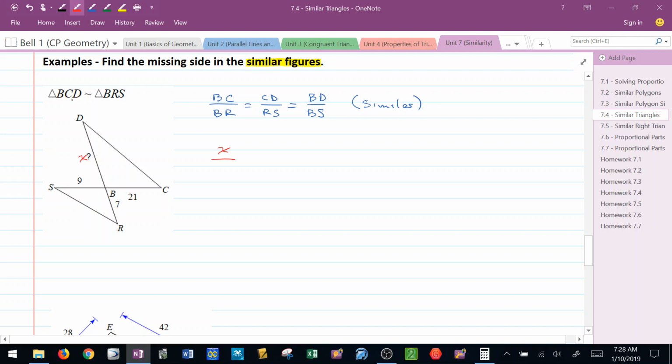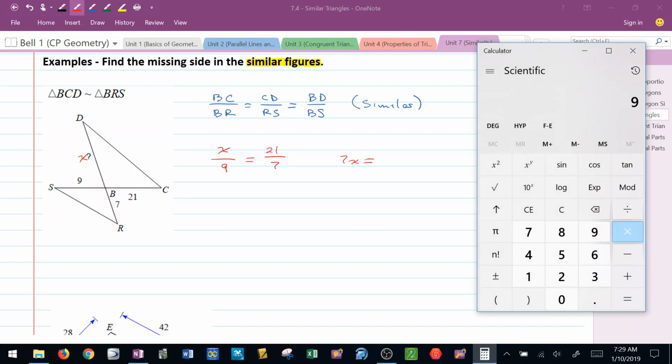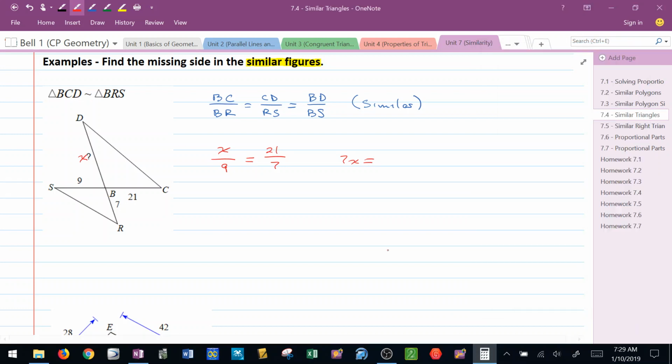DB is the same as BD, so I have to match that with BS. I know that BS is 9. That has to equal. Now I have to go back to that triangle where X was. The other side is 21. 21 is BC. BC has to match with BR, which they tell me is 7. I've now created a proportion that I can solve. So I have 7x is equal to 9 times 21. Let's just do the arithmetic on the calculator. 189.